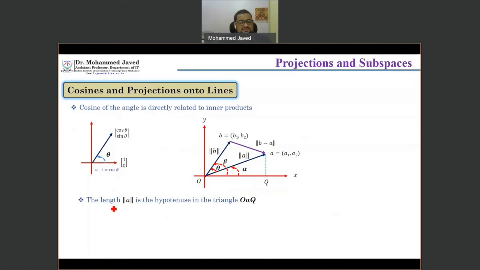And the length of A is the hypotenuse in the OAQ triangle. And the sine and cosine of alpha and beta we can derive. Now, what is sine alpha?